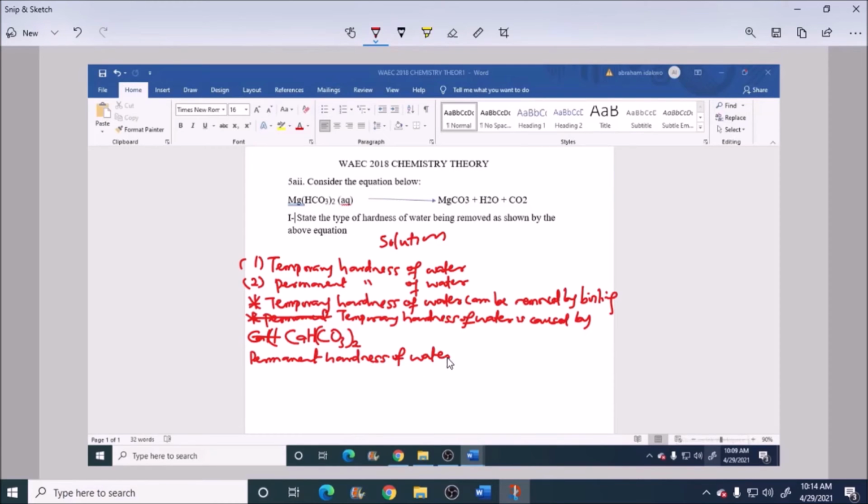Then this is caused in the presence of magnesium and calcium ions.